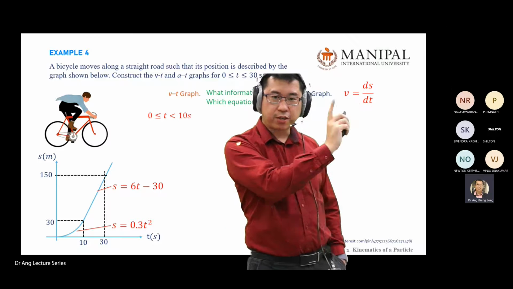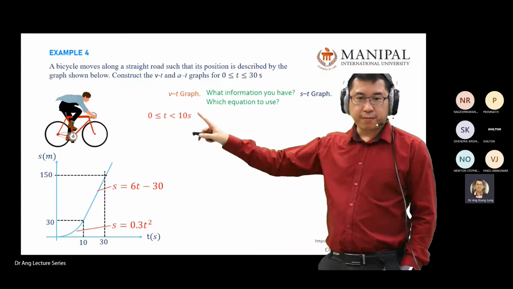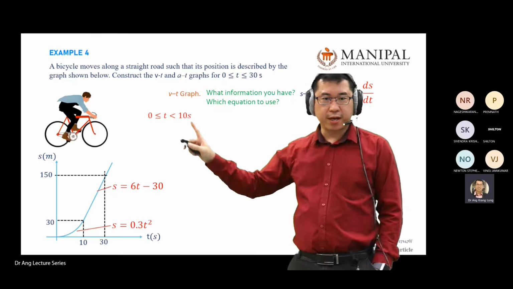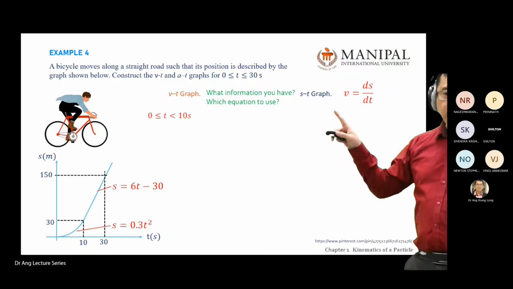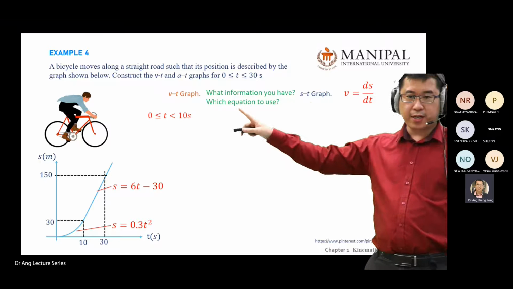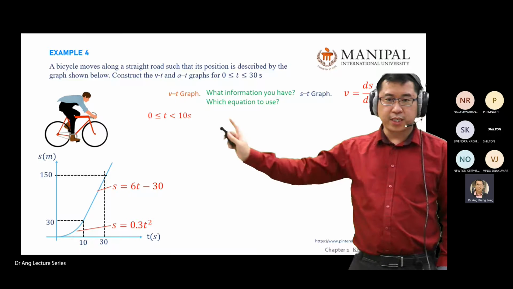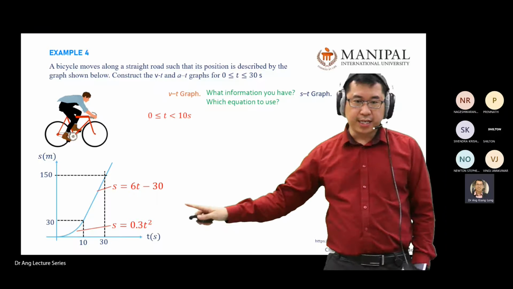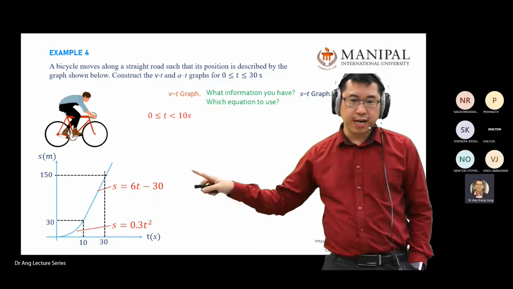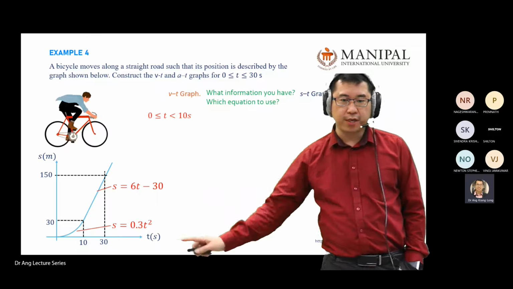So we look at velocity first. We slowly develop the VT graph first, then go to the AT graph. For the ST graph, we want to convert to VT. We will use differentiation.